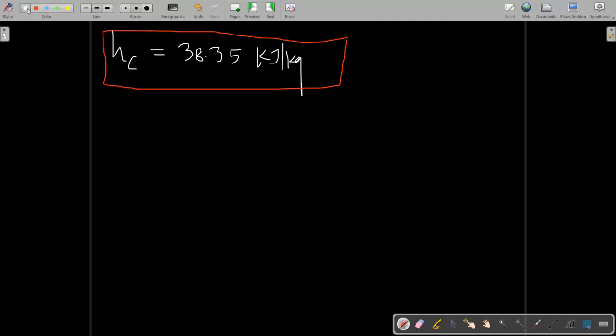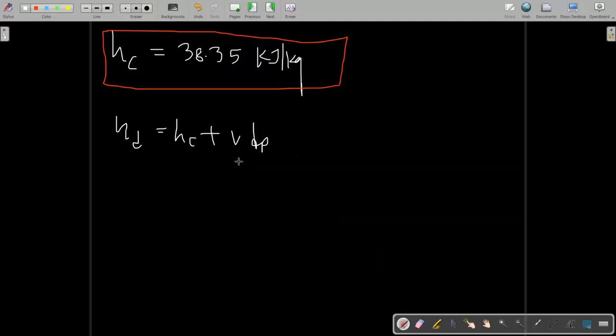Now the enthalpy at D is Hc plus the pump work, and the pump work is given as VdP. Why VdP and not PdV? Because the liquid phase is not changing, so the specific volume remains the same, but the pump is used to increase the pressure from 0.2 bar to 10 bar of mercury.